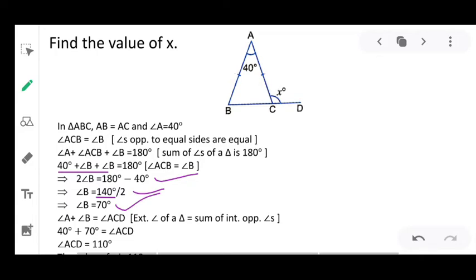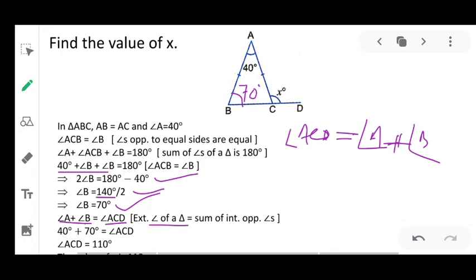Okay, so here we get angle B is 70 degrees, and angle ACD is the sum of angle A plus angle B, because the exterior angle of a triangle equals the sum of the interior opposite angles.